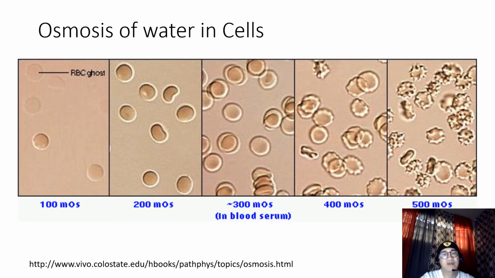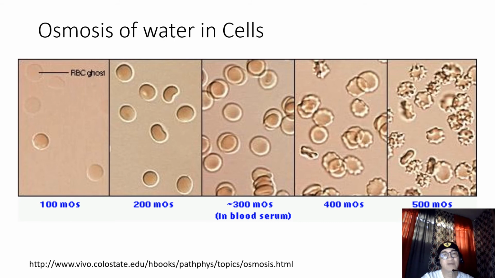Solutions with varying solute concentrations relative to the cell's solute concentration are classified as either hypotonic, those with less solutes than the cell, hypertonic, having more solutes than the cell, or isotonic, having solutes equal to those in the cell. Due to osmosis, the following figures of red blood cells show their fate when immersed in varying concentrations of solutes, that is hypotonic, hypertonic, or isotonic solutions.